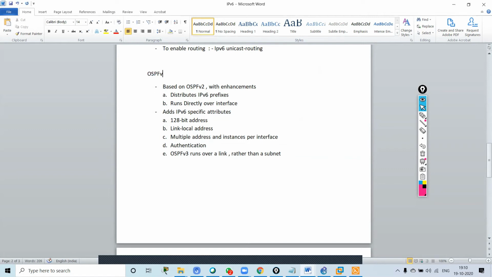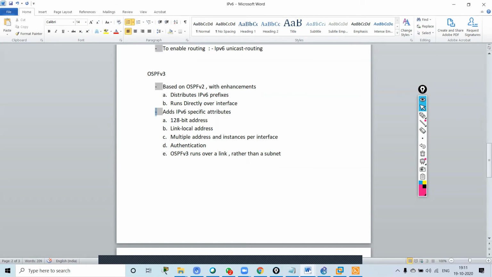There is something enhanced in OSPF version 3. The enhancement is it distributes IP version 6 prefixes and runs directly over the interface. How it runs directly over the interface, I'll show you.